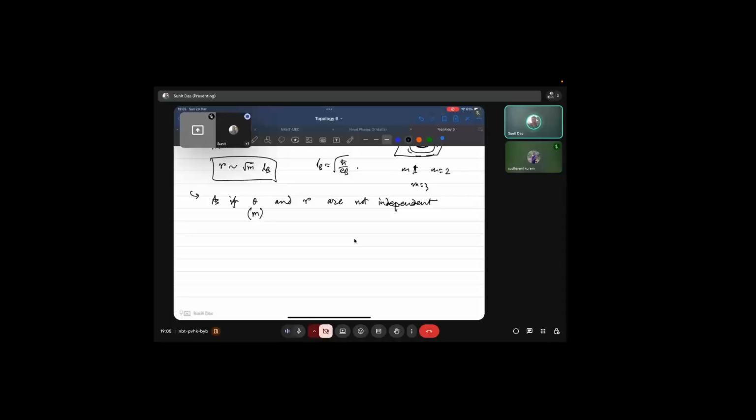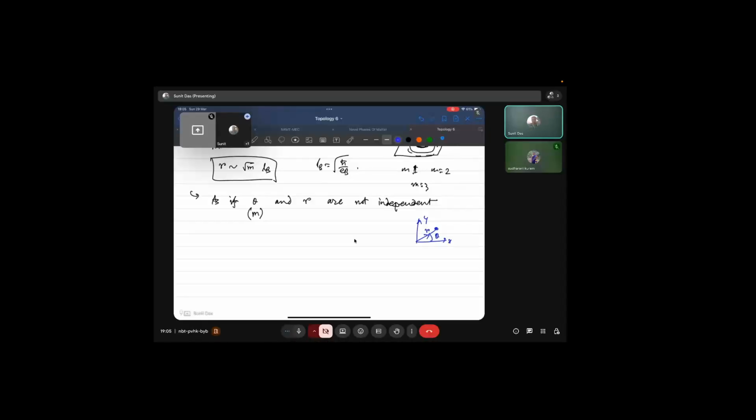Both theta and r are polar coordinates. In the xy plane, you can denote the position of a point by r and theta, let's say. So theta and r are not independent.